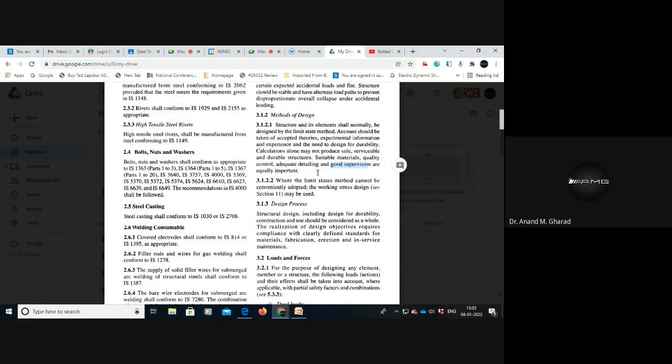it is worse. Then one statement: where limit state methods cannot be conveniently adopted, the working stress design may be used. This statement is written.